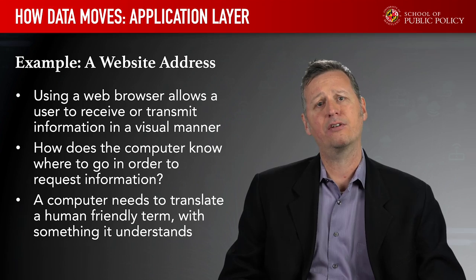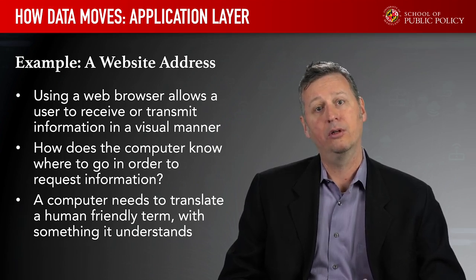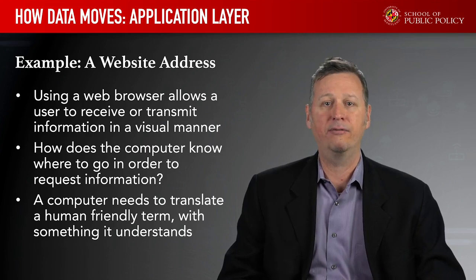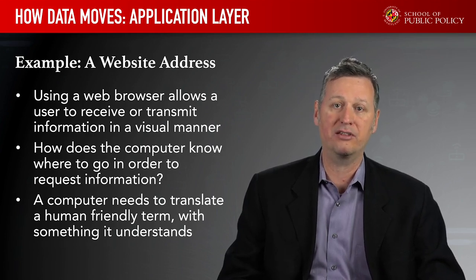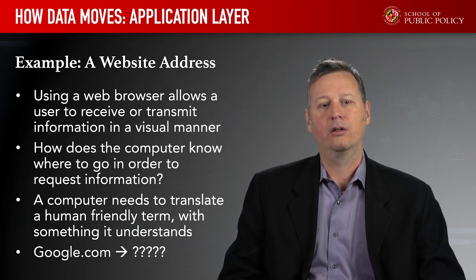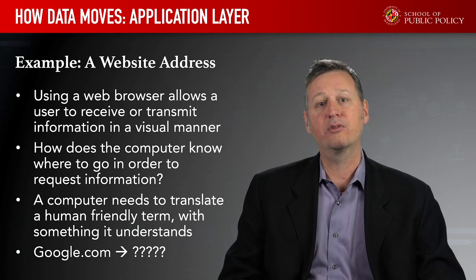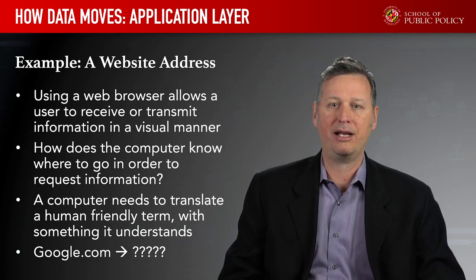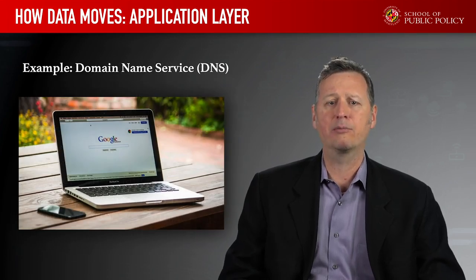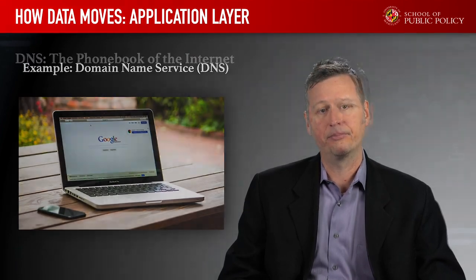But it's enough to understand that in order for us to be able to actually send and or receive web content, we need to translate a human-friendly term like Google into a value that a computer actually understands, in this case, an Internet Protocol address. So how do we go from google.com to something that the computer actually recognizes? We use something called the Domain Name Service, or DNS.